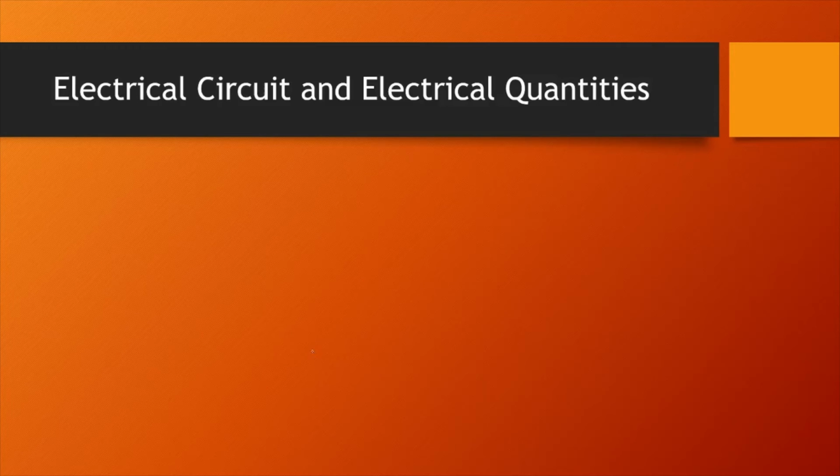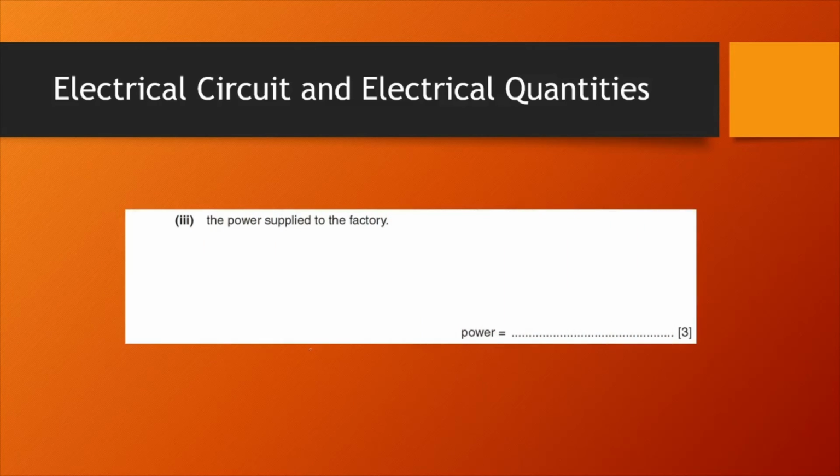Question 8b, III. The power supplied to the factory. To calculate the power supplied, we have to calculate the voltage supplied to the factory. The voltage supplied to the factory equals the voltage from the power station, which is 11,000, minus the voltage loss during the transmission, which equals 1,125.